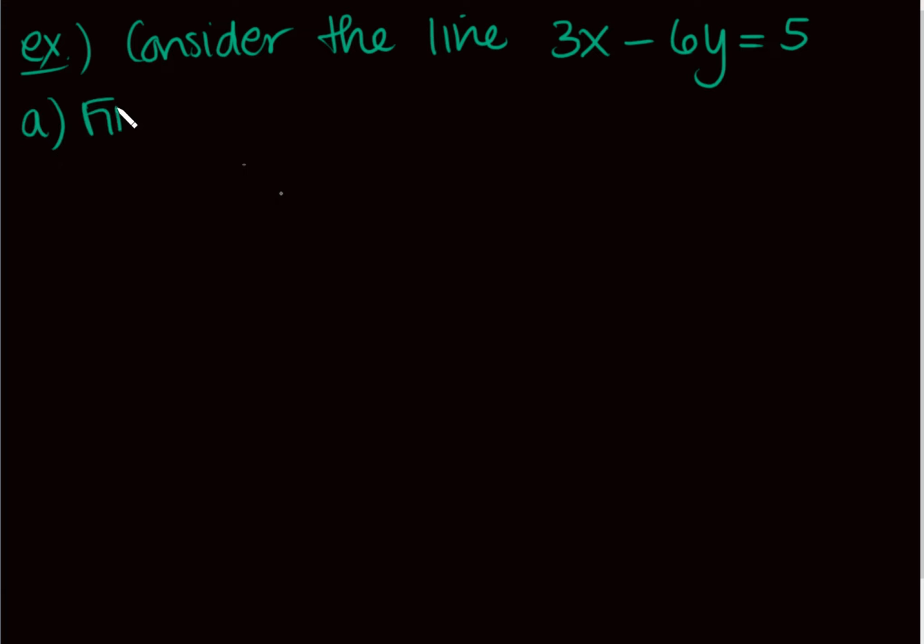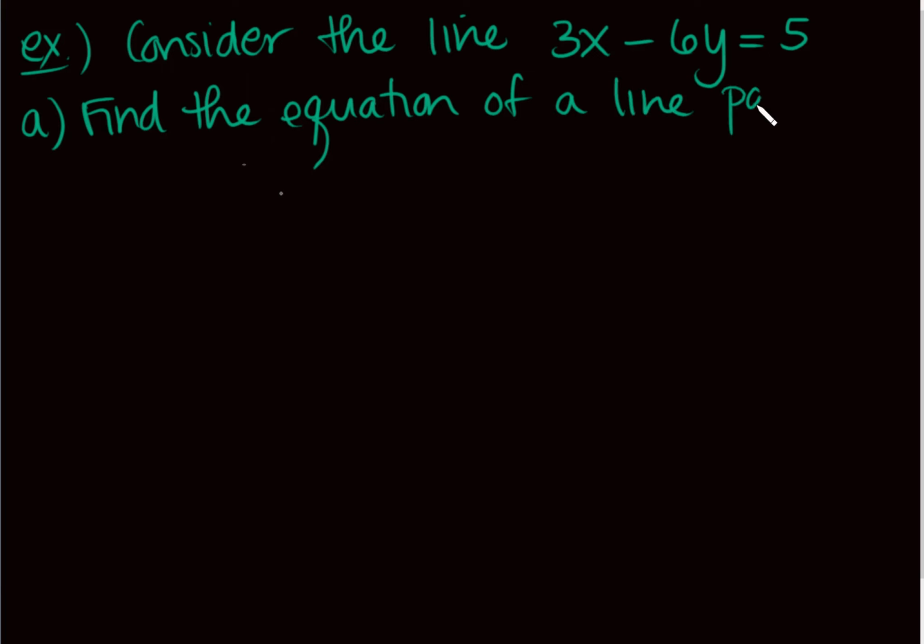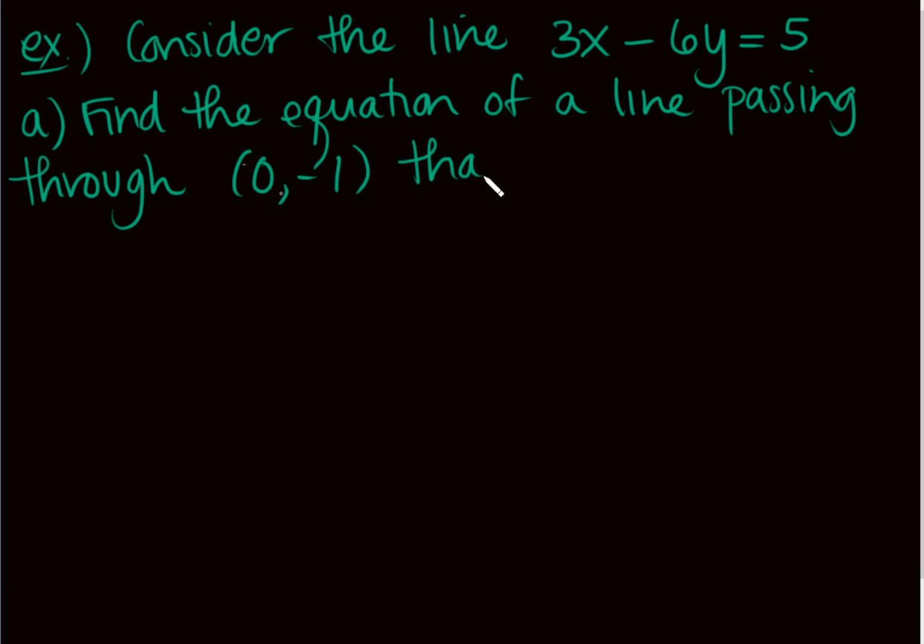So find the equation of a line passing through (0, -1) that is parallel to that line that we're given. And then for part B, oh, it's going to be a good time. We're going to do perpendicular. Find the equation of a line passing through (0, -1) that is perpendicular to that line right there.